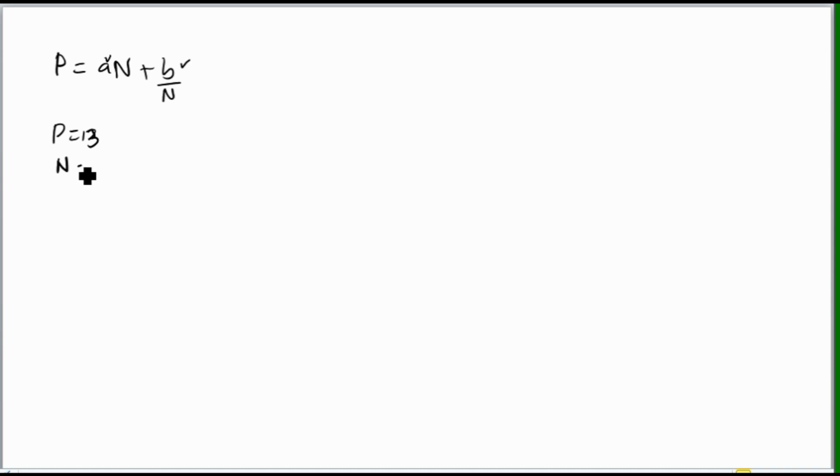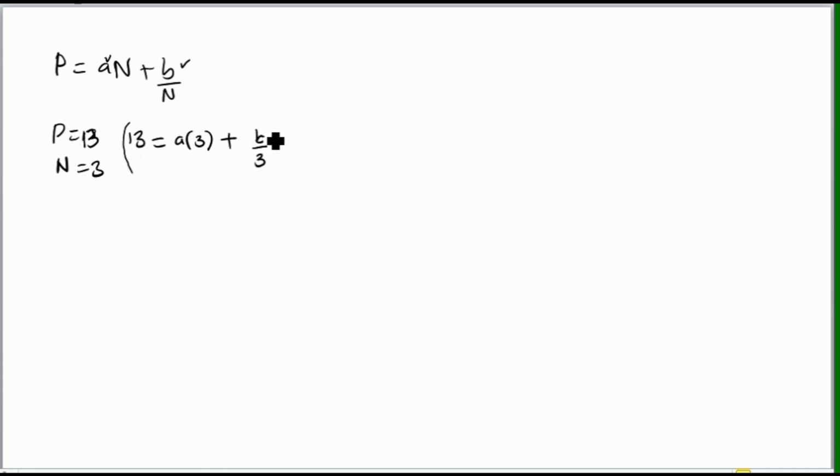If P is 13 and N is 3, let's substitute. Substituting for P, we shall have 13 equals AN, so A into 3 plus B over N, which is 3.